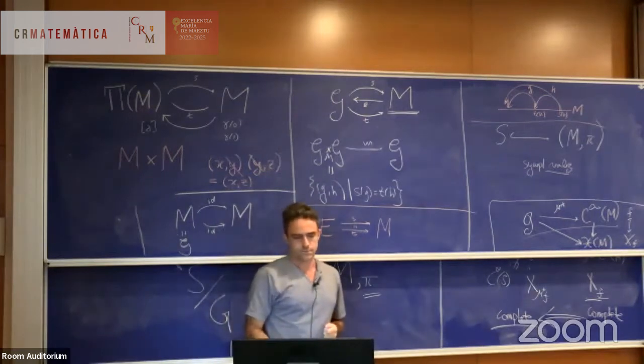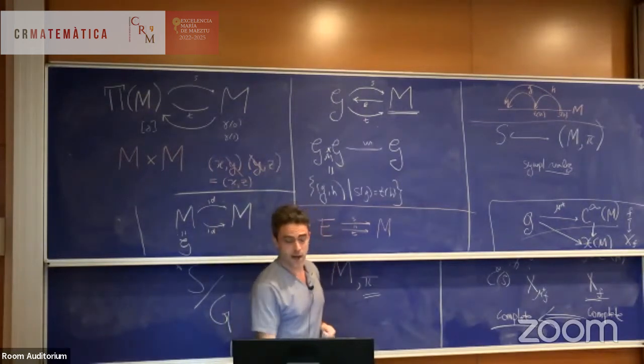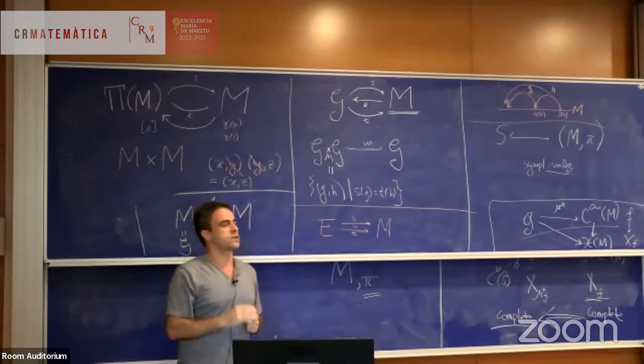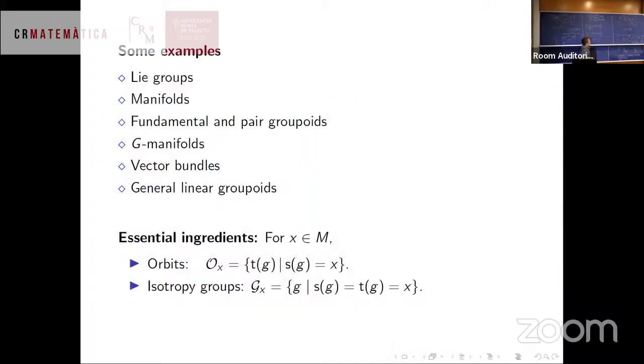Okay, cool. Now, to have in mind, what are the essential ingredients of a groupoid? If you're given a groupoid, what should you look for? So a groupoid has two main ingredients. Notice that, first of all, a groupoid defines on the base manifold an equivalence relation, which is the following.